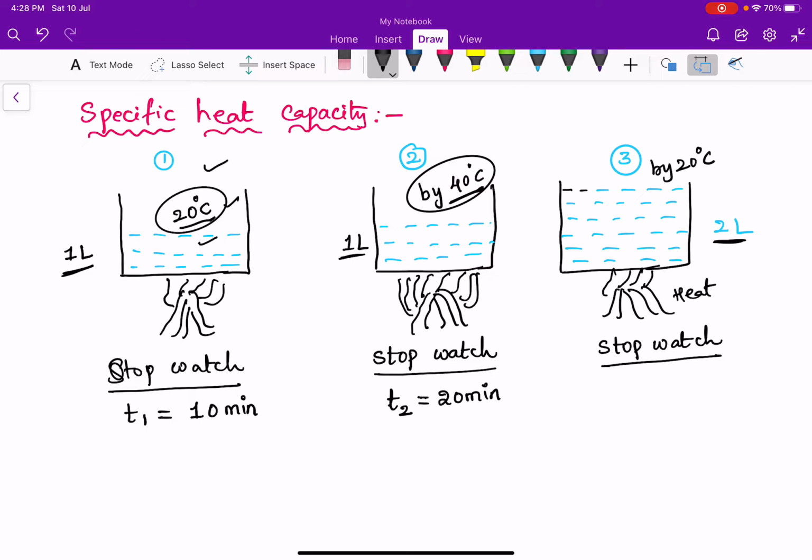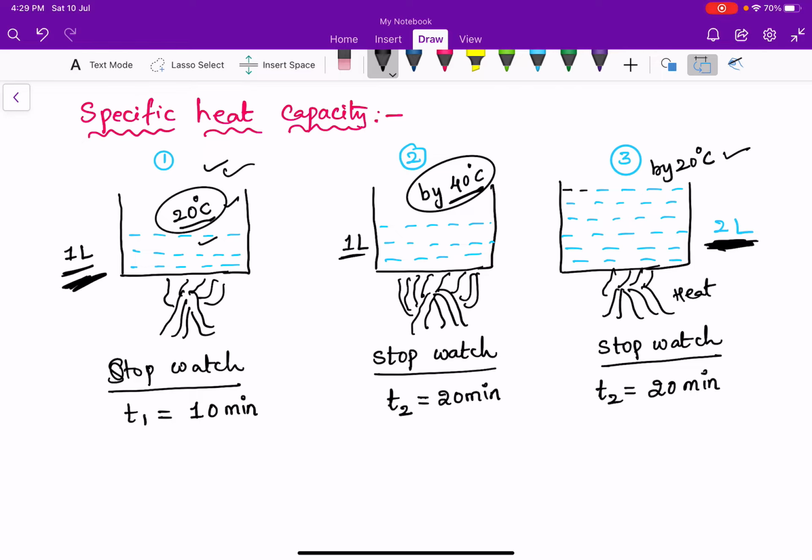As we know, the temperature difference in the first case and third case is the same, but the amount of water in the first case is 1 liter, and in the third case it is 2 liters. So here the amount of water is more, so the time taken also will be more in the third case.